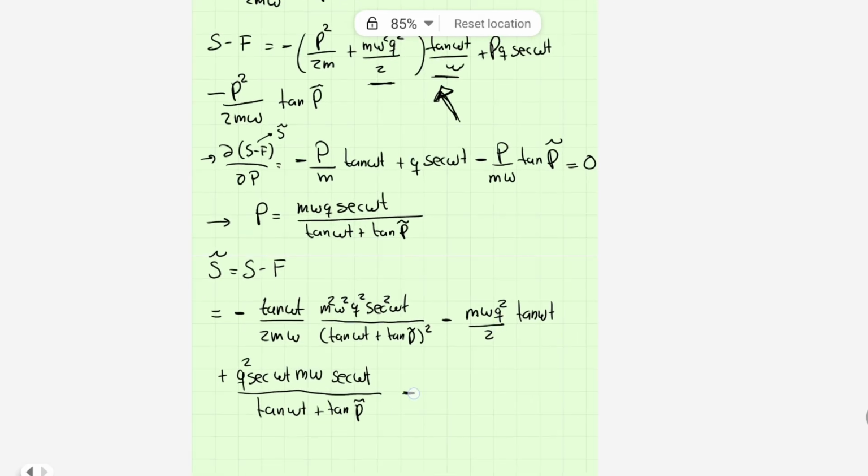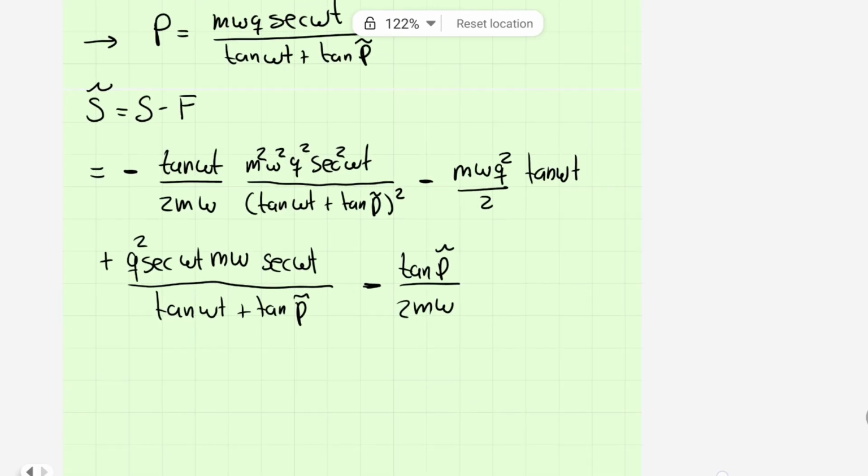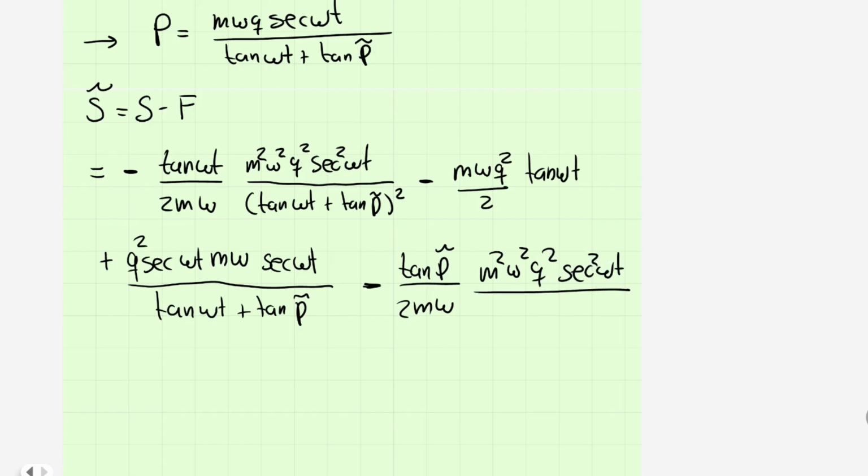And then minus tangent P tilde divided by 2m omega times P squared, but that is m squared omega squared q squared secant squared omega t divided by tangent omega t plus tangent P tilde squared. Okay, so here we can see that we have a common factor, this and this.